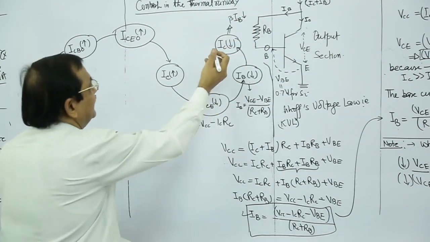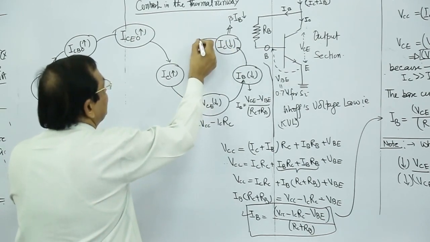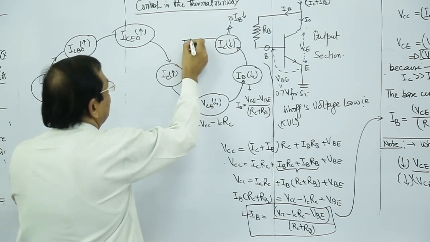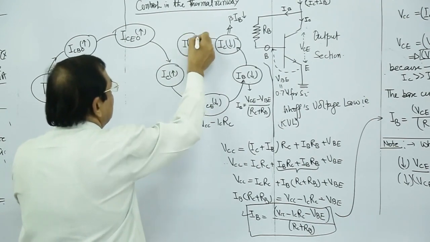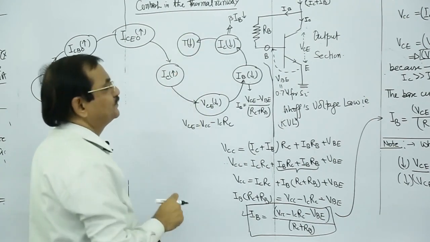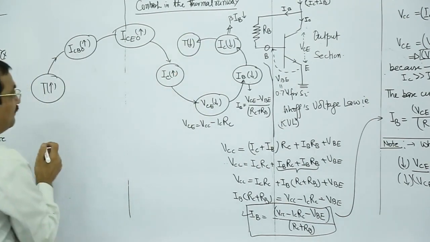And IB decrease means temperature will decrease. So what we find?